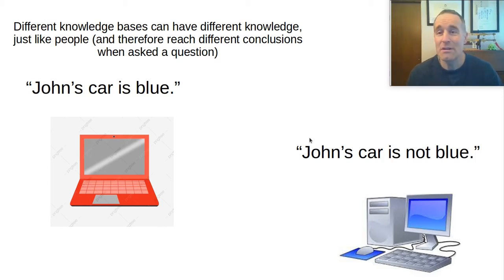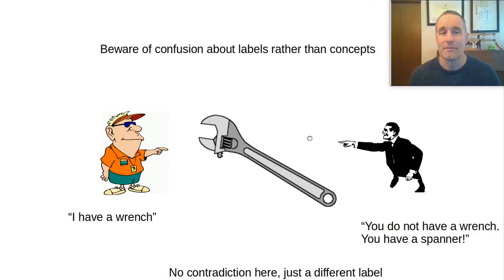But there's no contradiction here. You're just asking the question of two different entities that have different knowledge or different opinions about the world. And that's okay. That's normal life. There's no inherent contradiction here as long as that contradiction is presented in context.